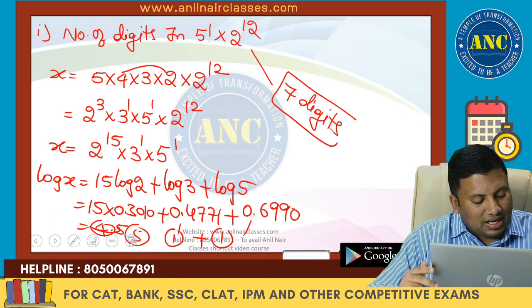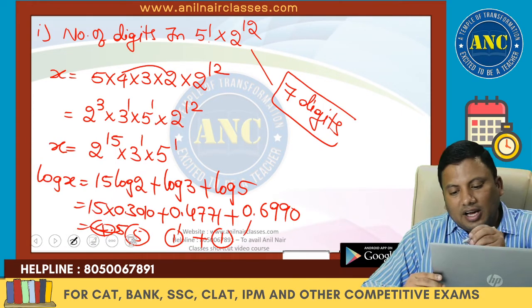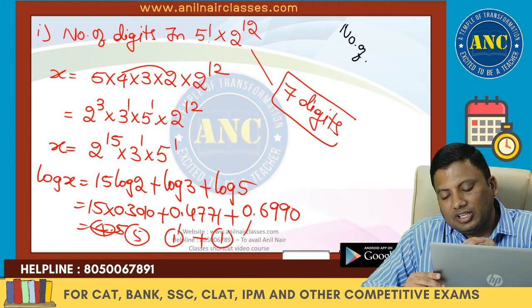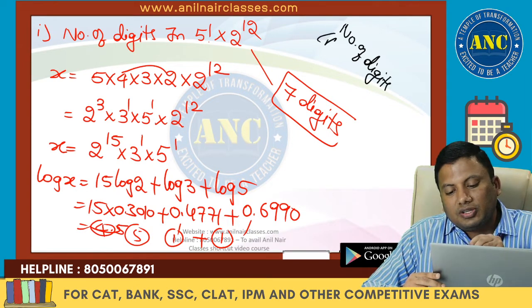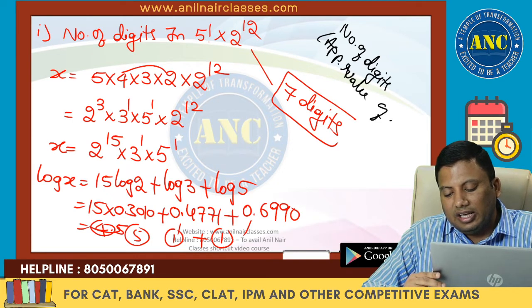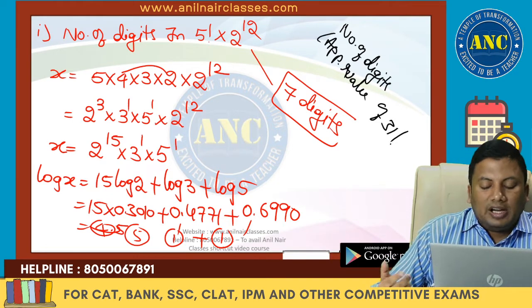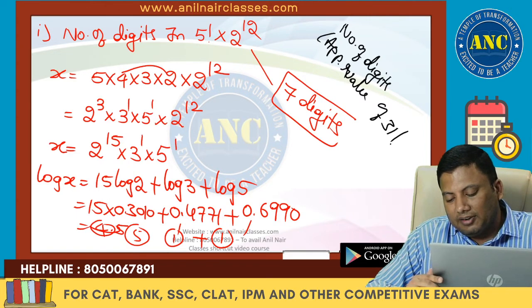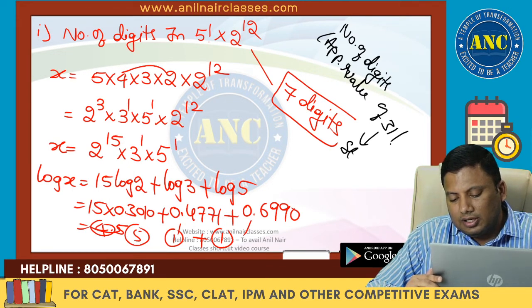Suppose we ask a bigger number, an approximated value. What is the approximated value of 31 factorial? You might think that it becomes very complicated. For that, a famous professor has given an approximation, Stirling's approximation.